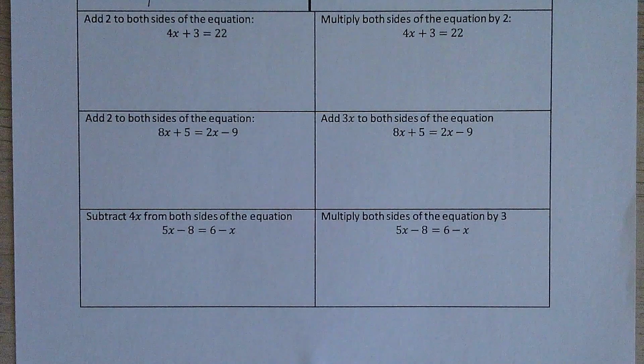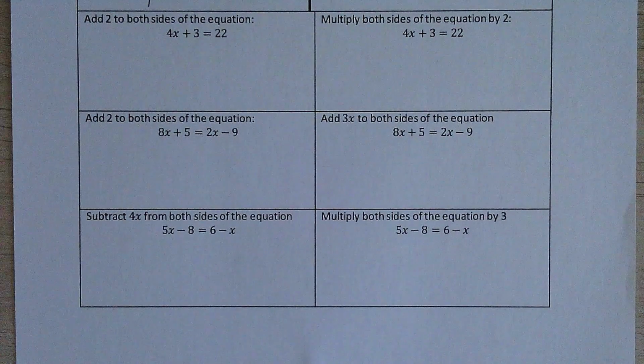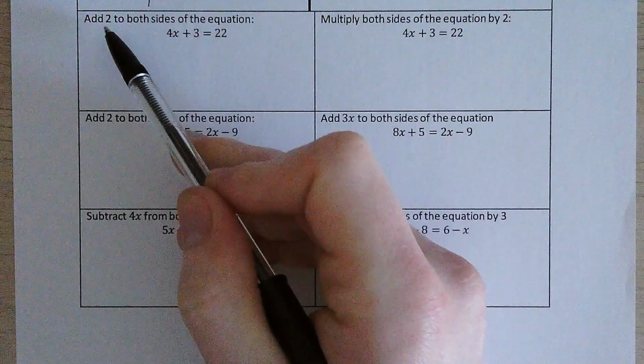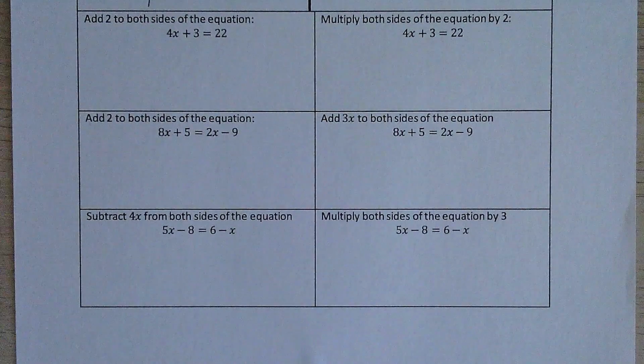When we're adding 2, we need to look for the term on each side of the equation that I'm allowed to add 2 to. What this means is 4x and 2 are not like terms, so I'm not going to write add 2 underneath 4x.